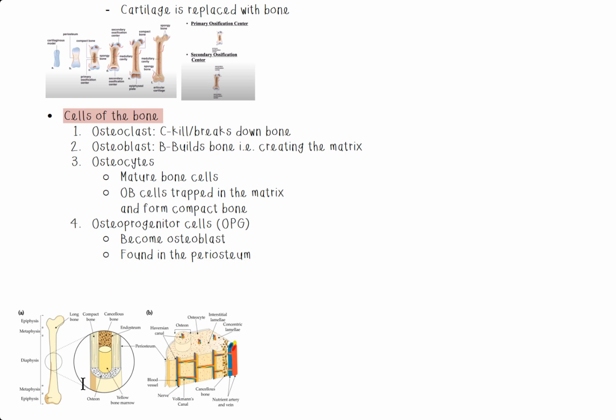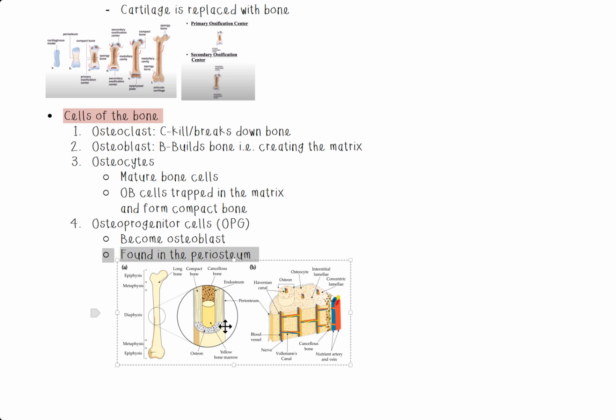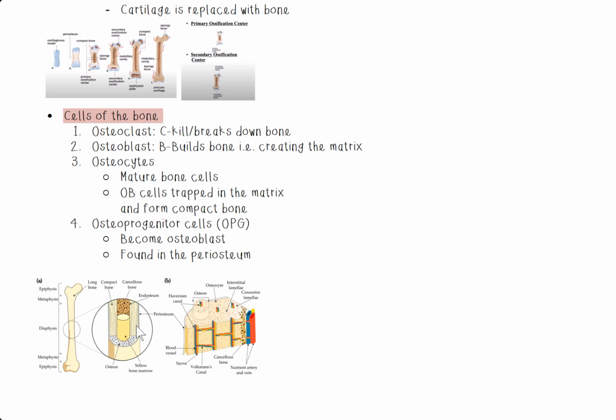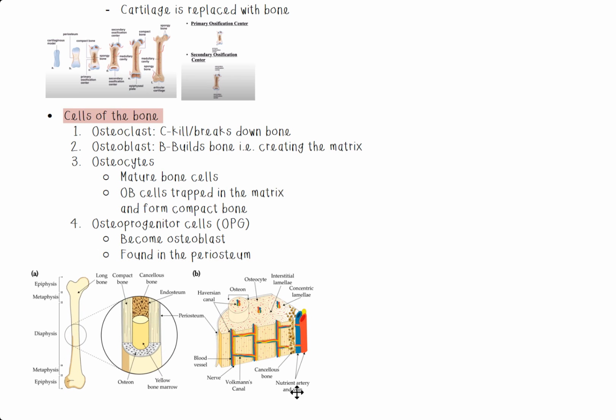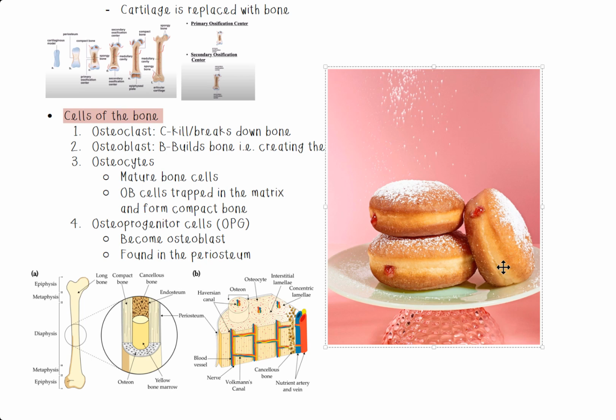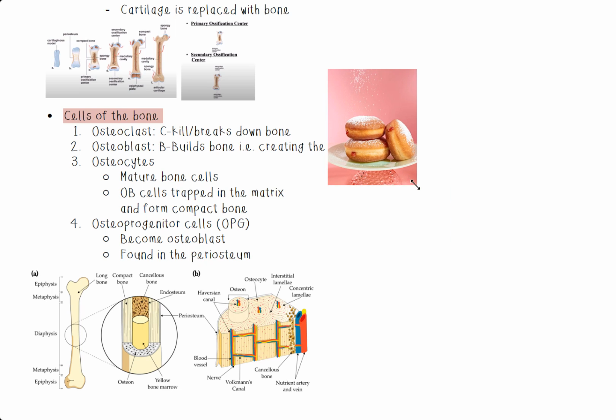Again, gotta have this amazing picture. It looks very busy, but it puts everything together when it comes to bones. Kind of reminds me of a donut. So I'm going to randomly stick a picture of a donut because you gotta make you guys all hungry.